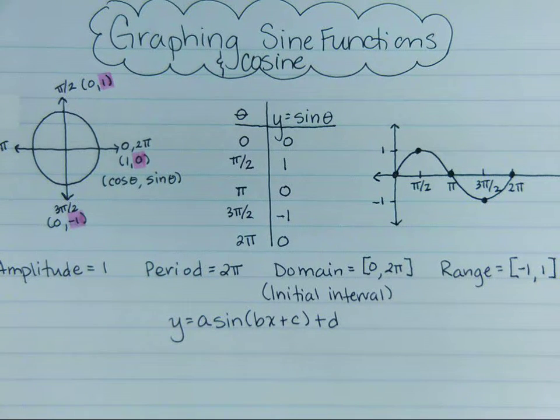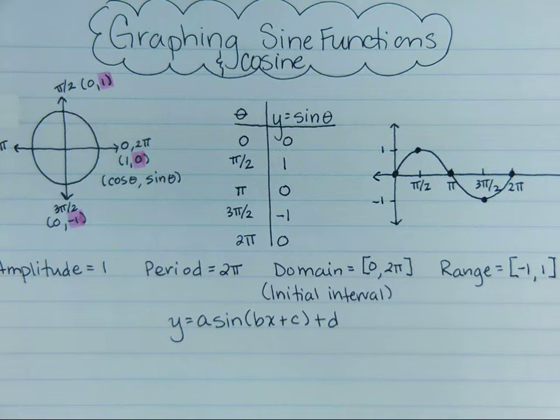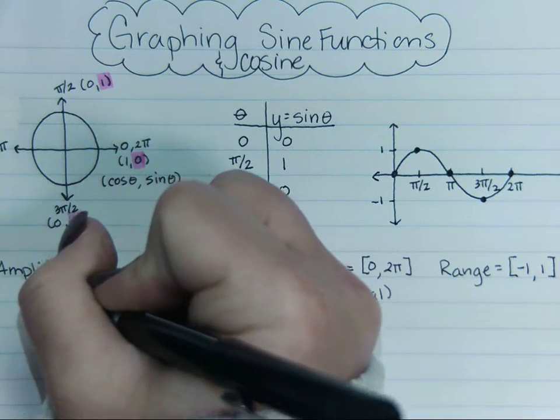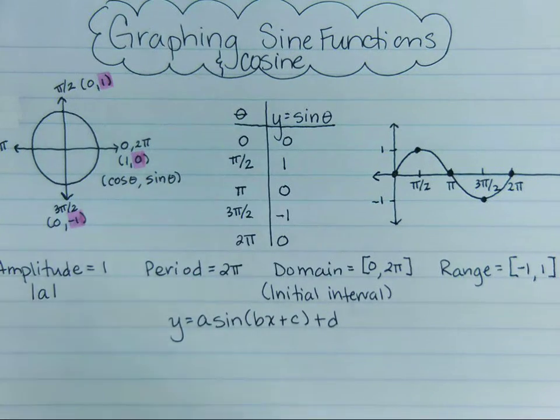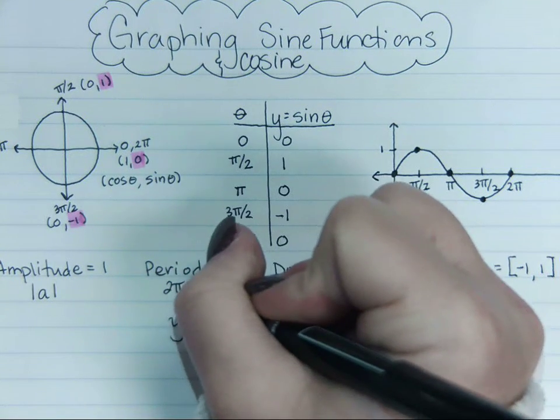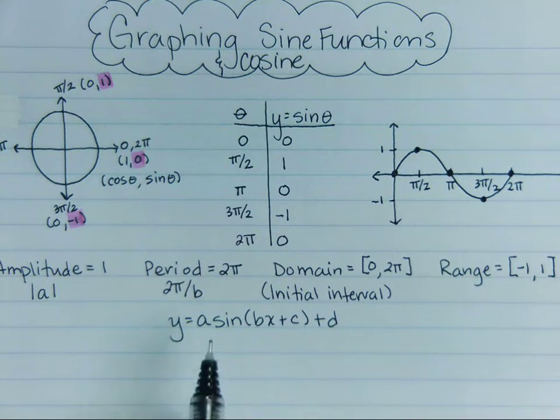Right? And it looks like a lot of letters in here, but really all we're doing is we're saying the amplitude right here is the absolute value of a, right? And the period is 2 pi divided by b. And so we want to be able to start seeing like a general notation.